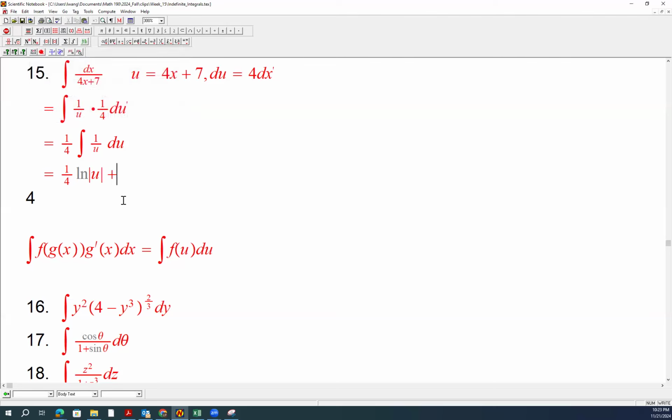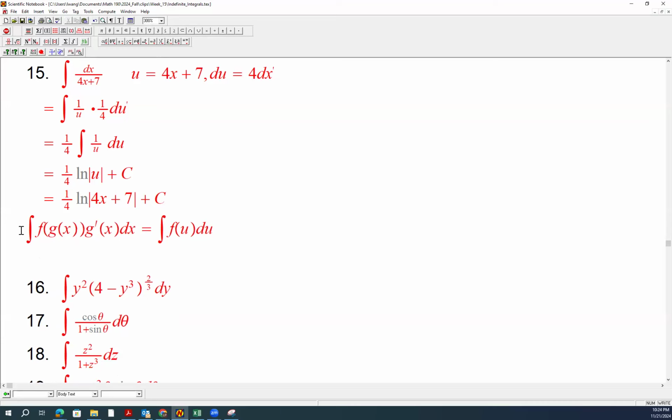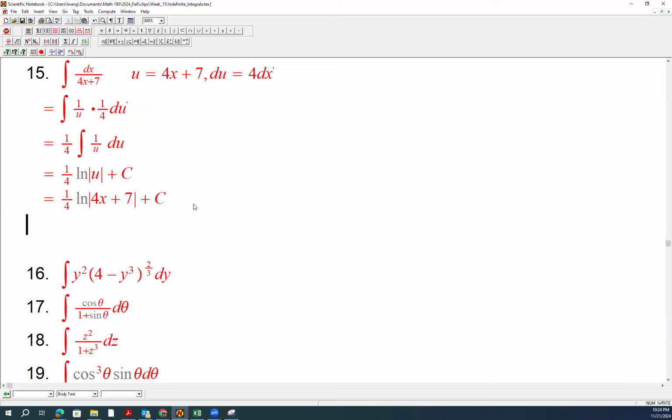Okay, see, this is very much used. Last but not least, we're going to substitute u back in terms of x. Now we're getting something a little bit more complex.